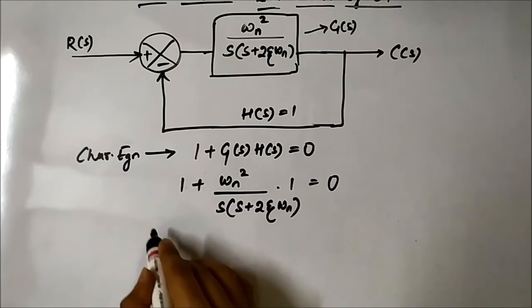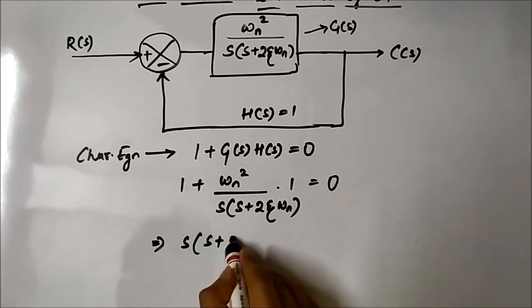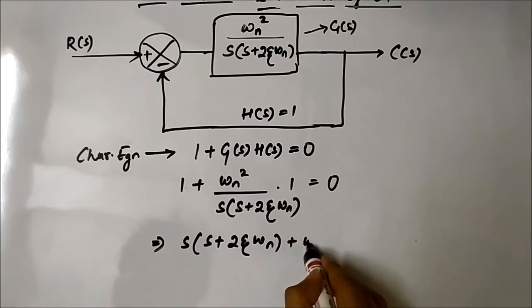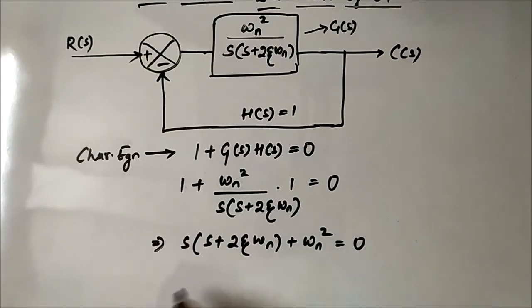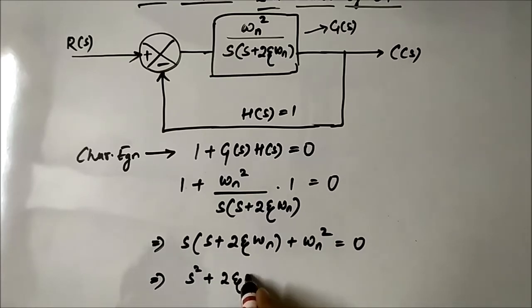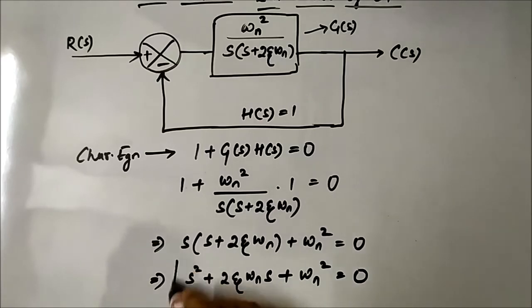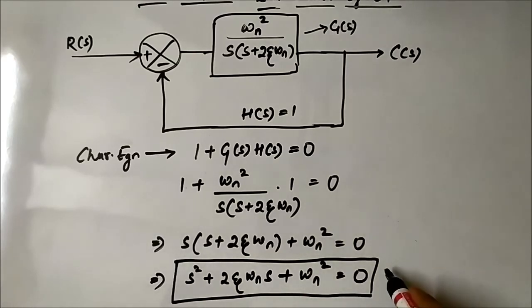If we further simplify it, this becomes S into S plus 2 zeta omega n plus omega n square equals 0, or S square plus 2 zeta omega n S plus omega n square equals 0. So this is the characteristic equation of the system.